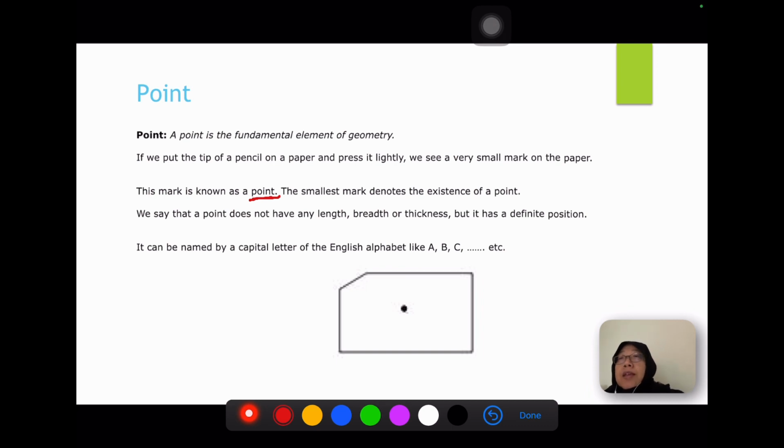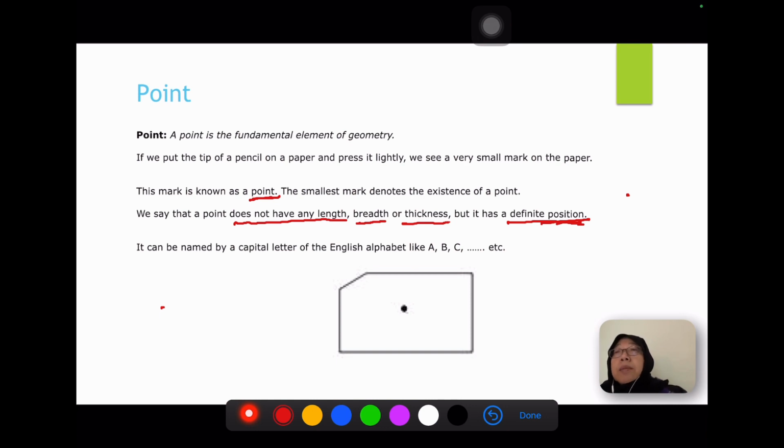So we can say that a point does not have any length, it does not have any breadth or width or thickness, but it has a definite position. If I put a point here, the position is on the right. If I put a point here, the position is on the left.